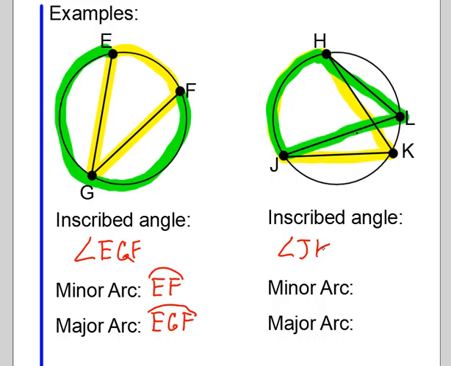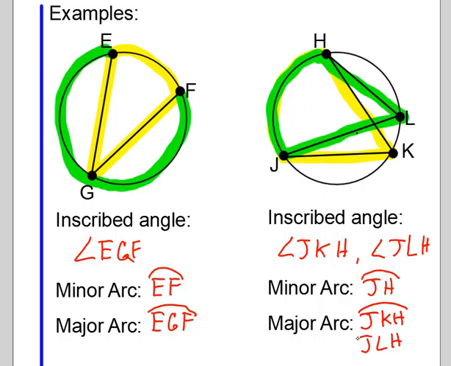Angle JKH and also angle JLH are inscribed angles for the minor arc JH. The two major arcs that could be named for this problem are arcs JKH and JLH, depending upon which inscribed angle we're talking about.